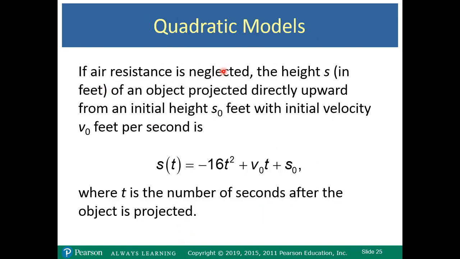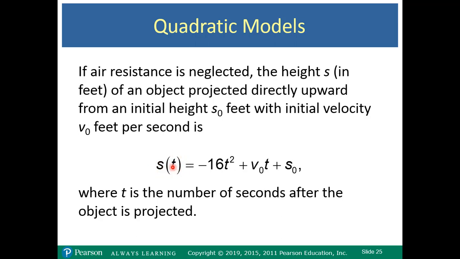So now, if air resistance is neglected, we can use this to model things like the trajectory or the speed or height of an object. If air resistance is neglected, the height s in feet of an object projected directly upward from its initial height of s sub 0, which could be at ground level, which is 0, or at some other height, with an initial velocity of v naught feet per second, is given by this equation.